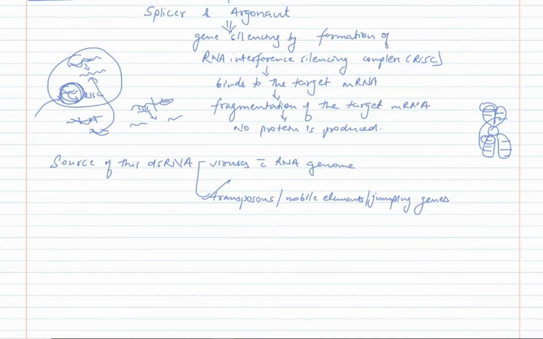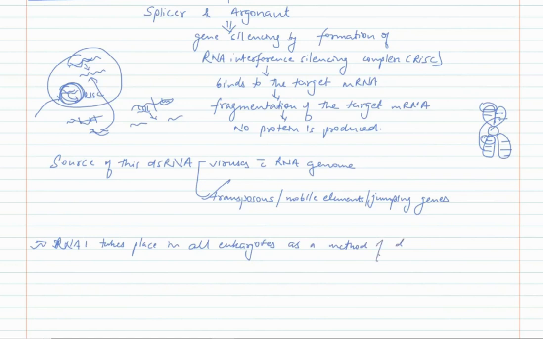Now, RNA interference takes place in all eukaryotes as a method of defense.